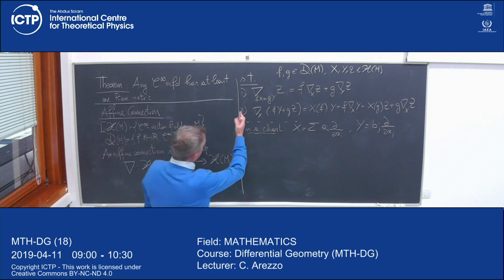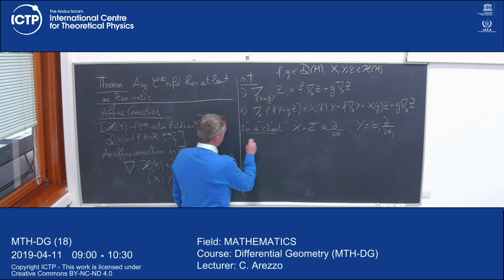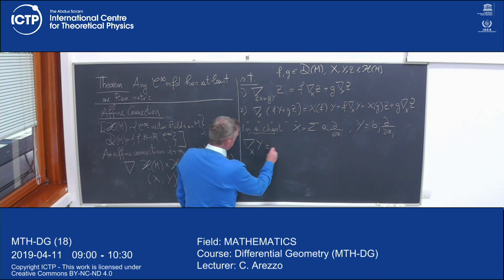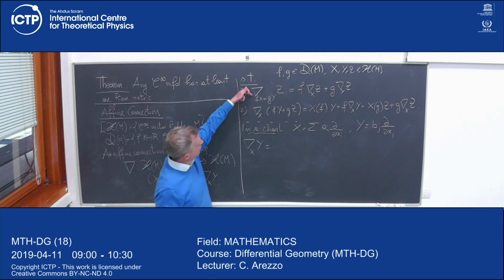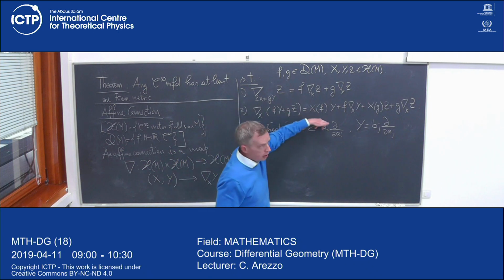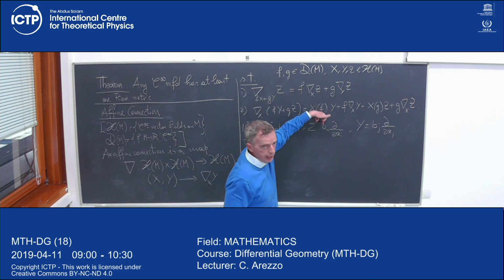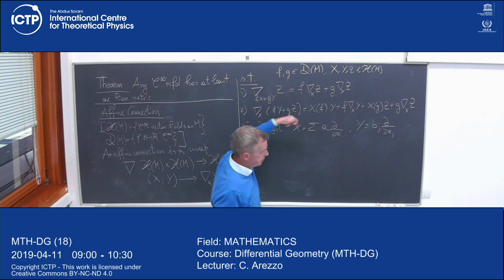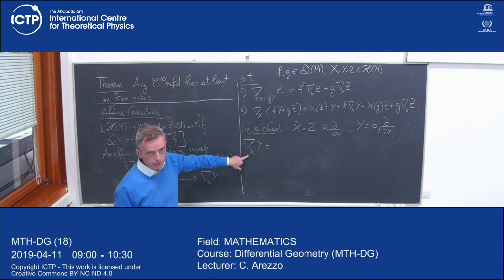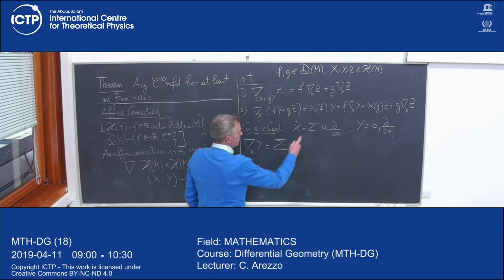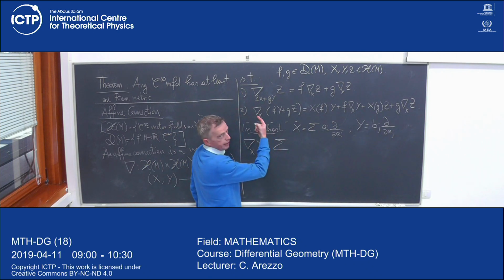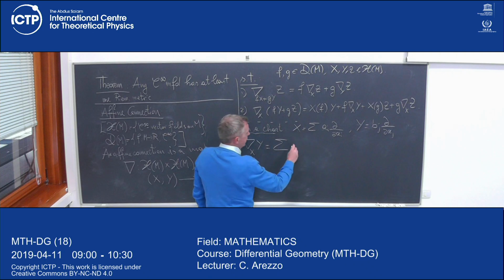So if we put properties 1 and 2 into the game, property 1 will take care of putting a linear combination with smooth coefficients in this place. Everything is behaving in the simplest way.